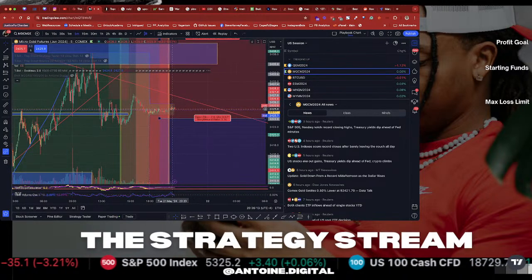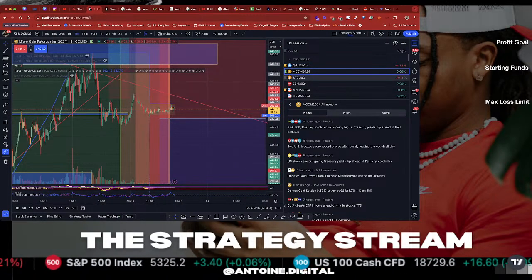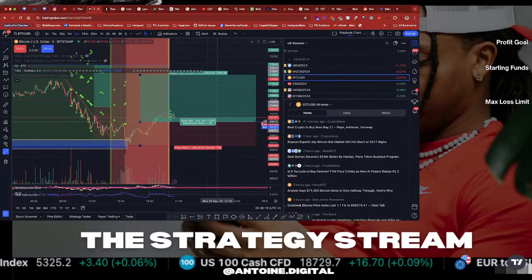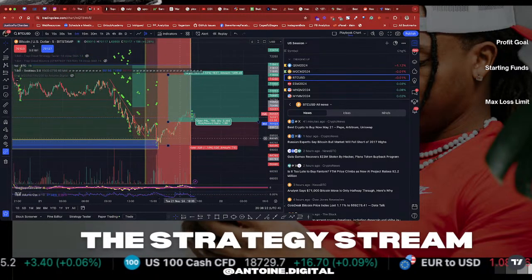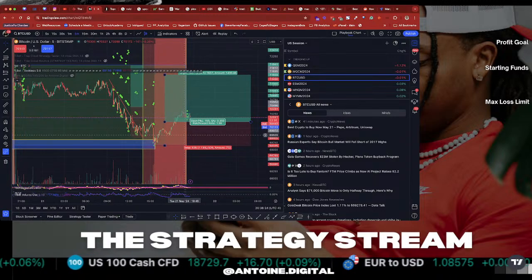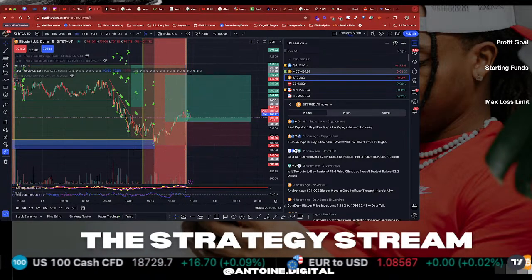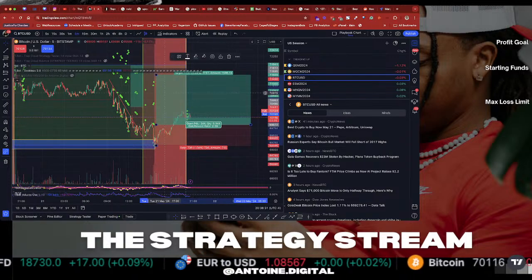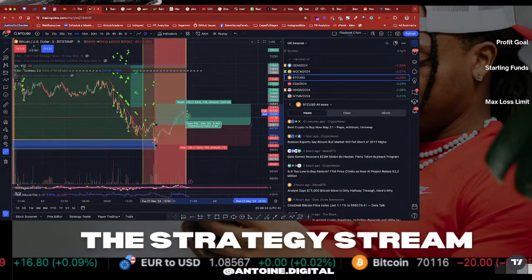Gold went into full consolidation mode. Bitcoin might make it up there. The signal was from here to here.